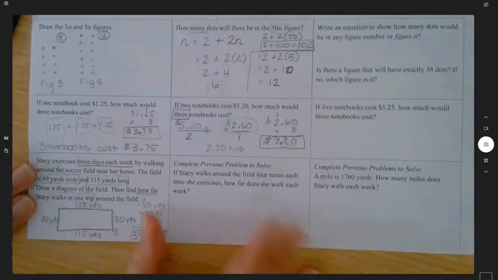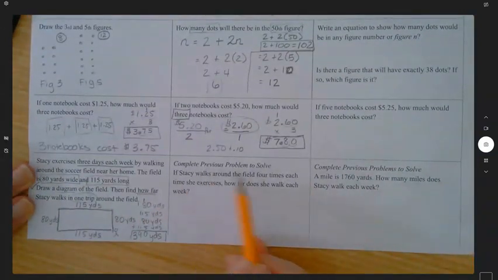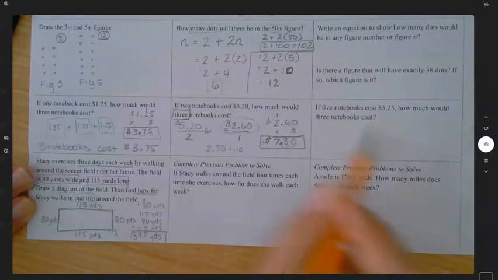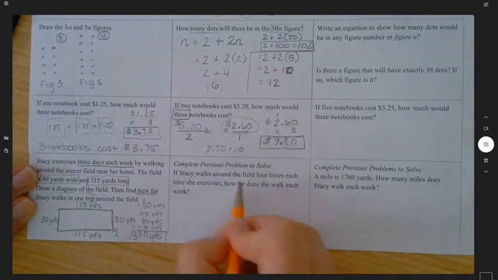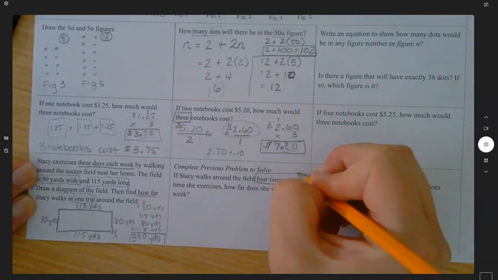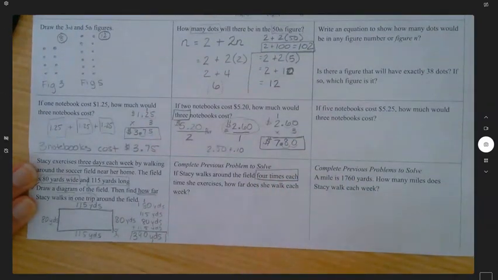For the bottom portion, you need to have completed the previous problem to solve, which we figured out what the length around the soccer field would be, which is 390 yards. So if Stacy walks around the field 4 times each time she exercises.